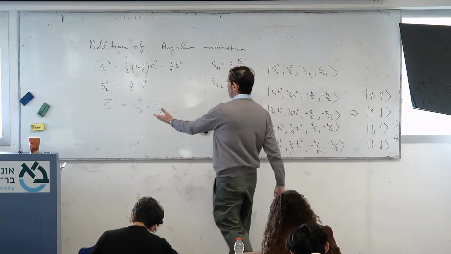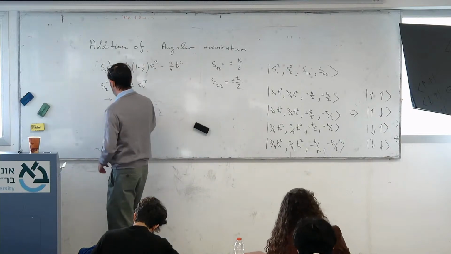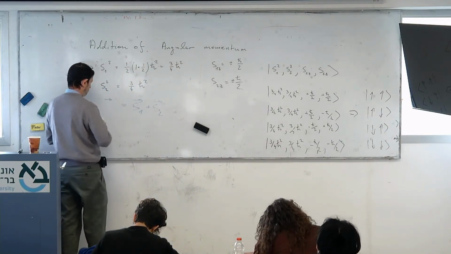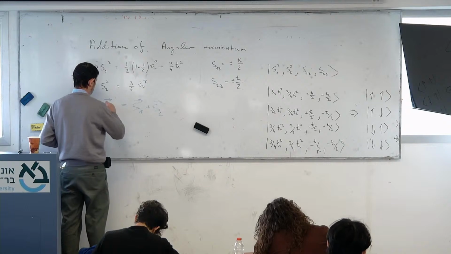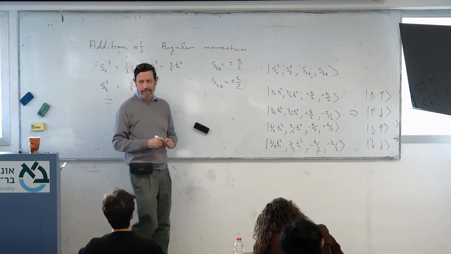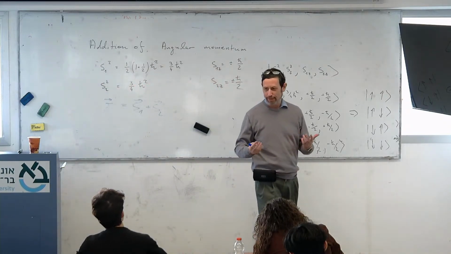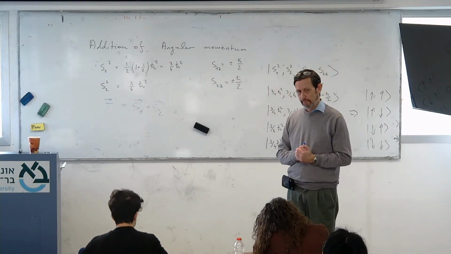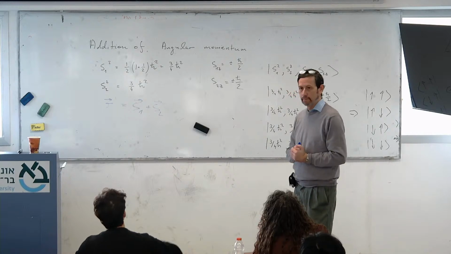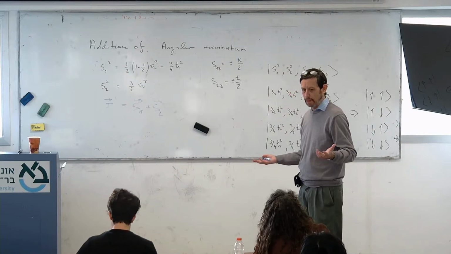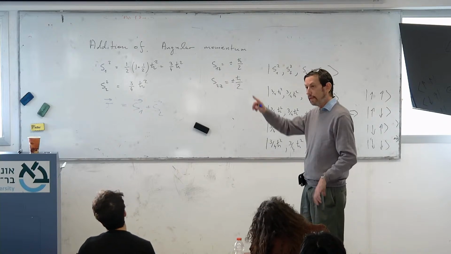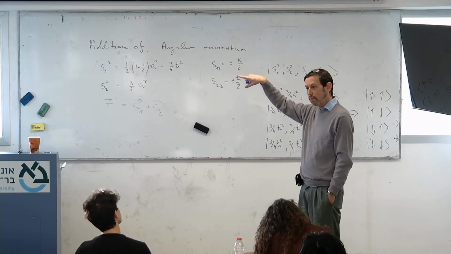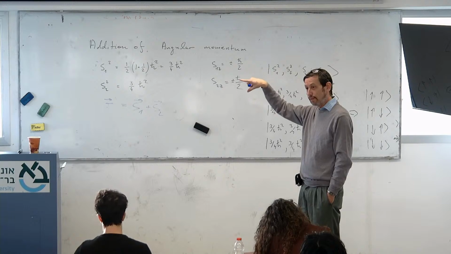Start talking about the combined S, and here, not to get confused, I'll replace it with J. Too many S's. And that's that. Okay, but we never know the S1 vector and S2 vector.